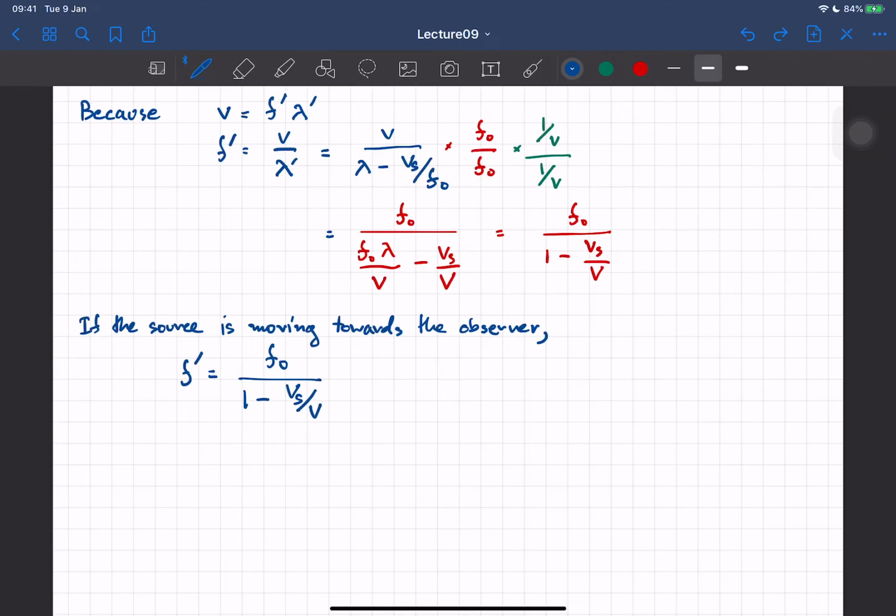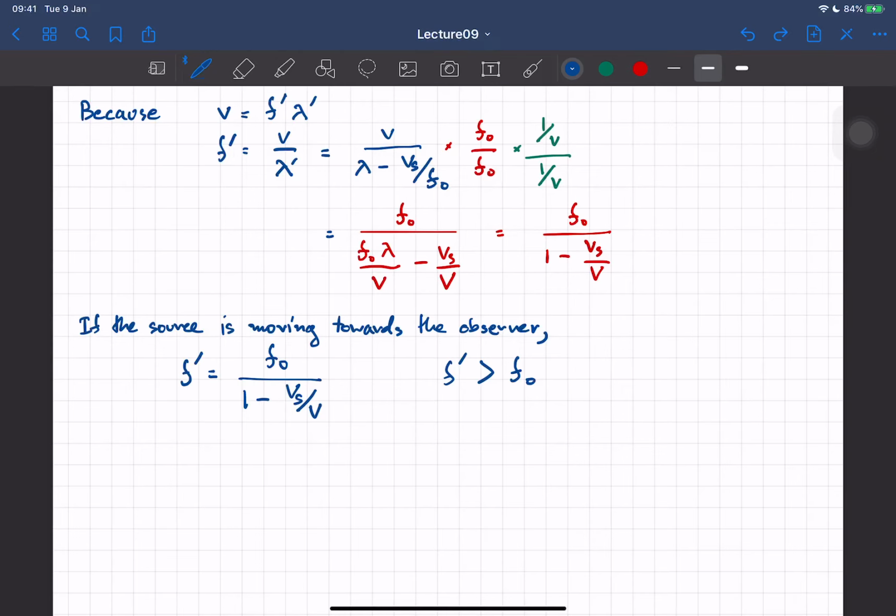You can see from this equation that if the source is moving towards the observer, f prime is actually larger than f0. You're going to hear a frequency higher than what it should be, because you're dividing by something which is less than 1. So you're going to hear a higher pitch, essentially.